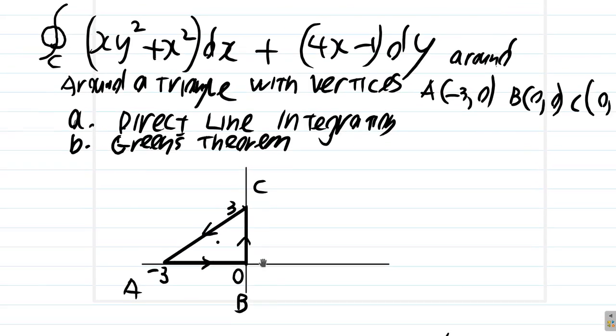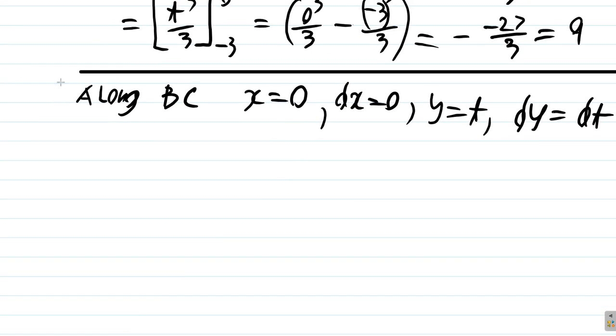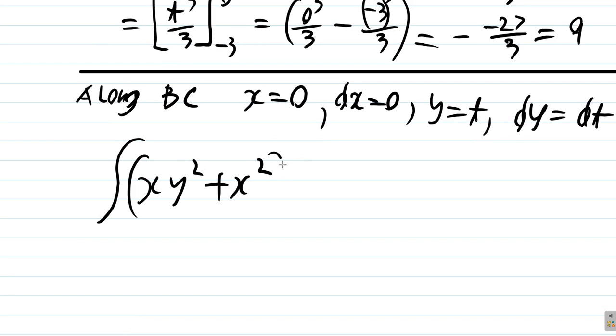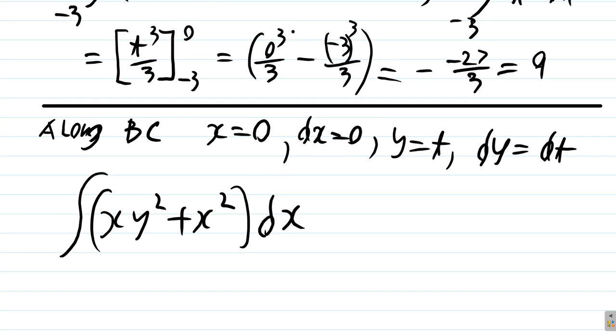Now, the equation for the vector field is the integral of xy squared plus x squared dx, but we're going to change it now. X is 0, so this is 0 times y squared. Y is t, so this would be t squared, plus x squared now.